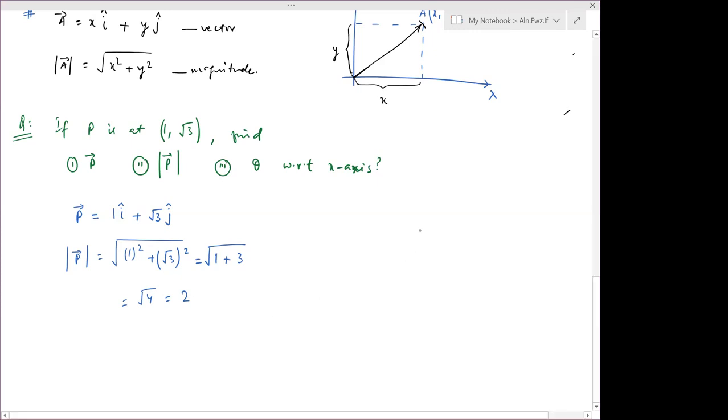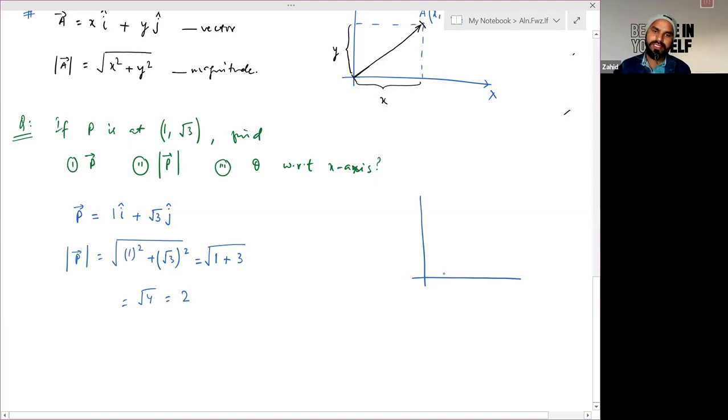Yes, sir. And the last, if you have to calculate its inclination with respect to x-axis, using this part, this will be termed as perpendicular, which is nothing but y coordinate, and this is base, the x coordinate. So tan theta equals perpendicular over base. Perpendicular is √3, base is 1. So tan theta equals √3. So theta for which tan theta is √3 will be just 60 degrees.